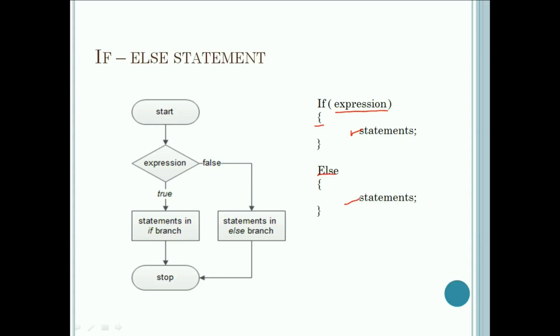In an if statement, we have used two curly braces here. If we don't use the open and close curly braces, we can only execute a single statement. For a block of statements, for two or more statements, we need open and close curly braces.